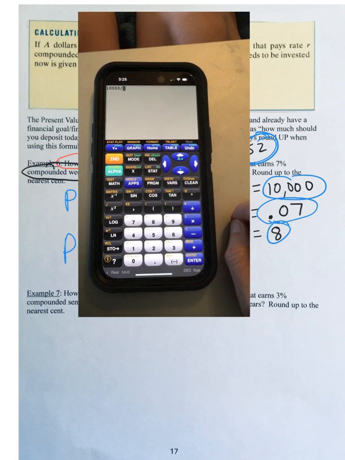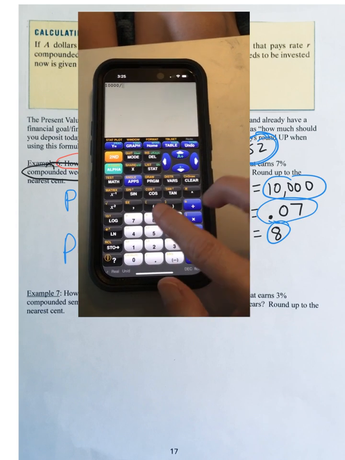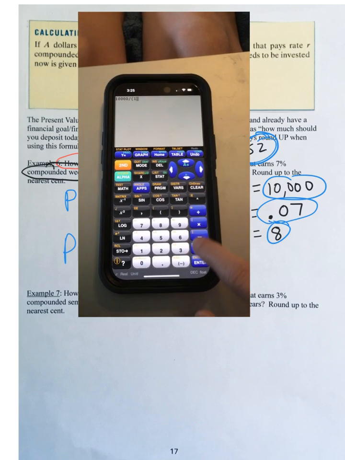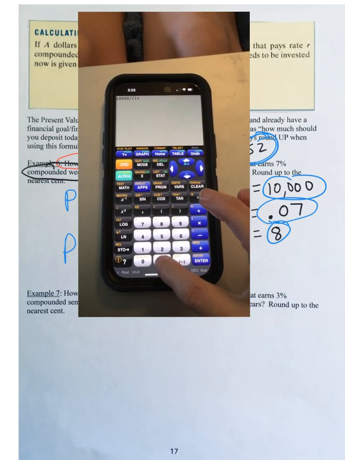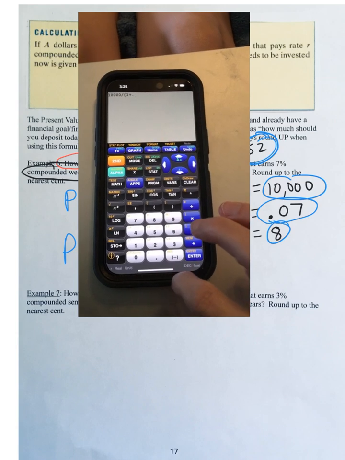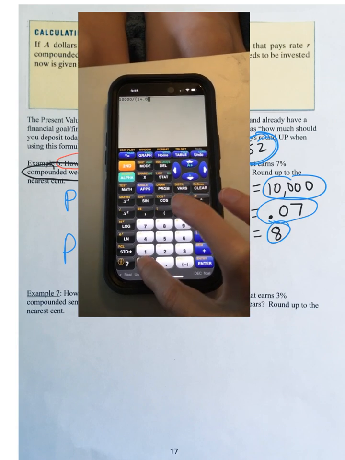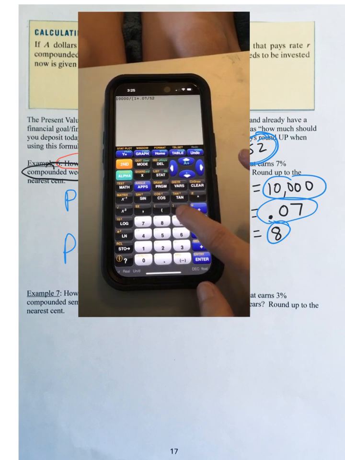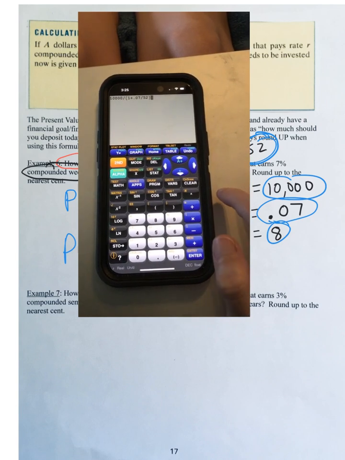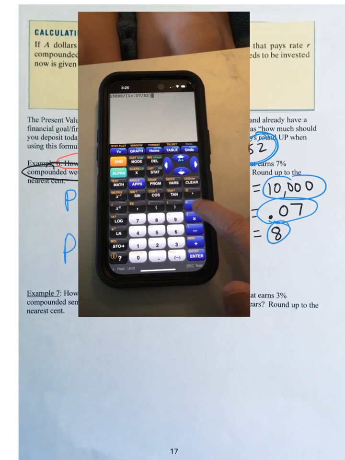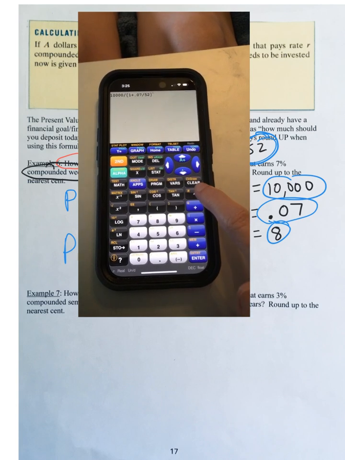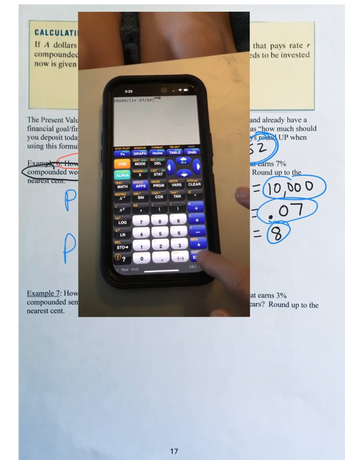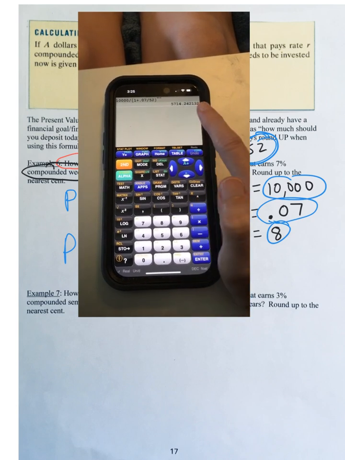Parenthesis buttons are above the 8 and the 9 buttons, so I hit my left parenthesis, 1 plus decimal point on the bottom, middle row, 0.07 divided by 52, close the parentheses. Don't forget the exponent button, the up arrow above the division key. The exponent is 416. Hit the enter button on the bottom right corner for equals.